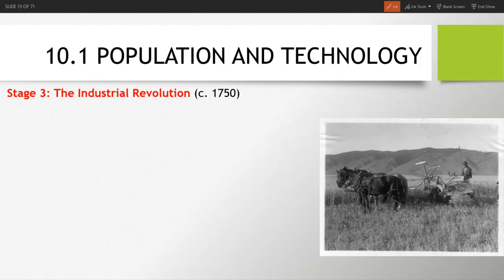Okay, so in this visual we have on the side, you can see we have horses, and we have a man here, and he's standing on some type of machine that the horses are pulling through a field. And this is actually a type of harvester that allows people to harvest food faster.